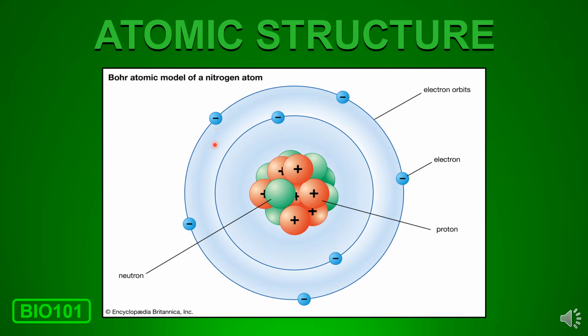Now you'll notice that the relative size of neutrons and protons are the same. There's very little difference between the mass of a neutron and the mass of a proton. You'll notice in this Bohr model, the electrons are represented as little tiny blue dots, right? Little tiny blue circles. Look at the difference between the size of an electron and the size of a proton.